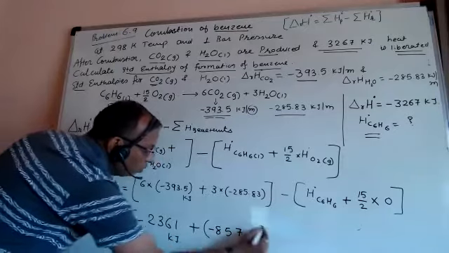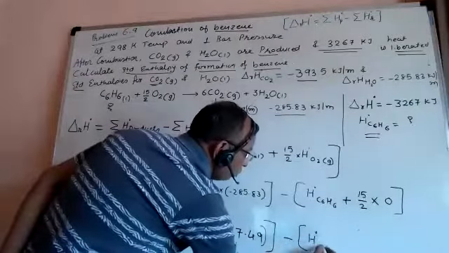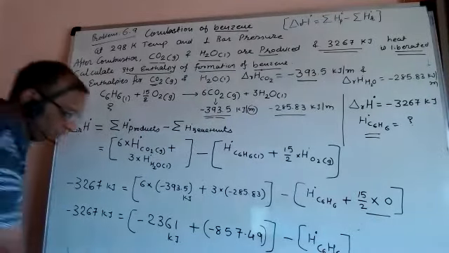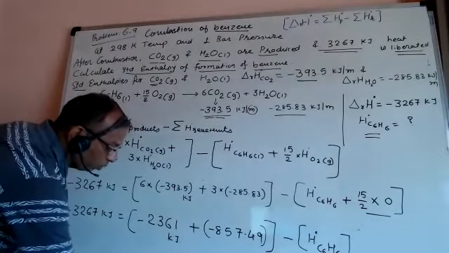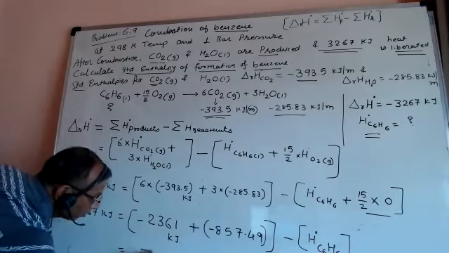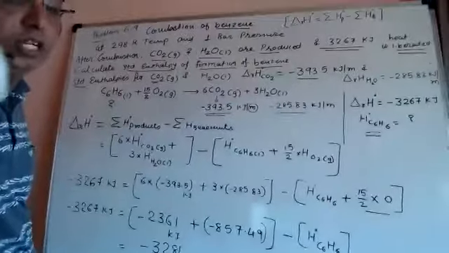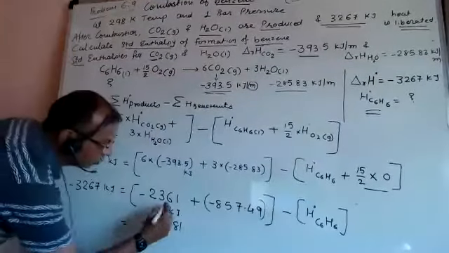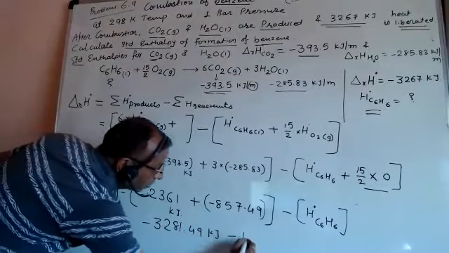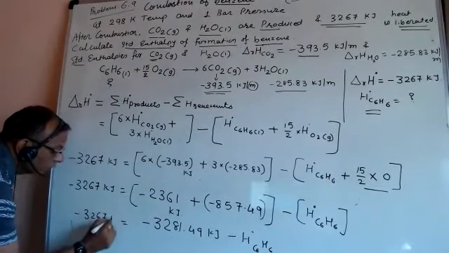And this will also be a negative value, friends. And then this is H° of C6H6. This is 0. Now the simple thing, we have to consider these two values together, 2361 and this. So friends, this is minus minus plus, and the 3218.49 kilojoule minus H° of C6H6, and this is minus 3267 kilojoule.